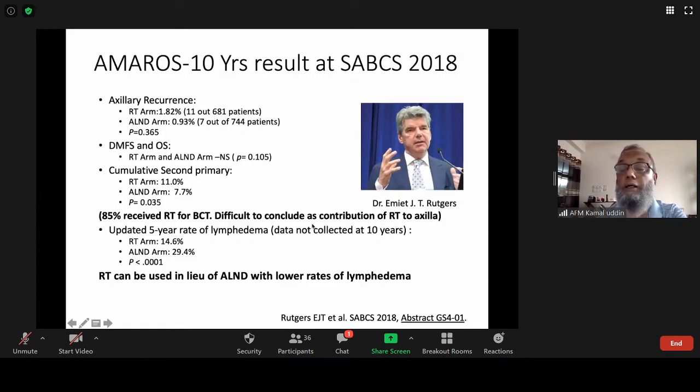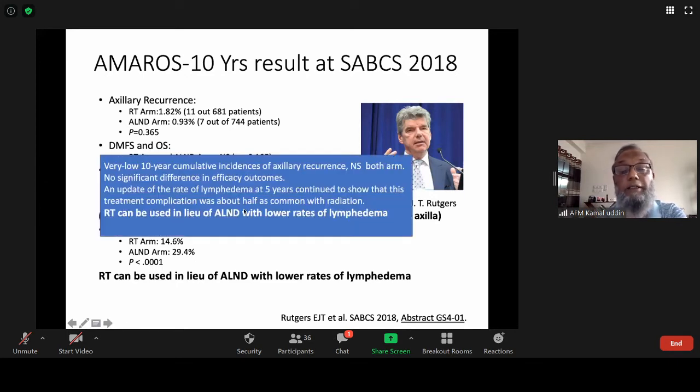So these Dutch gentlemen followed up their cohort for 10 years. And after 10 years, they said there was no significant difference between the outcome of both groups. For lymphedema, they have not done the follow-up after 5 years, and they concluded RT can be used in lieu of axillary lymph node dissection with lower rates of lymphedema.